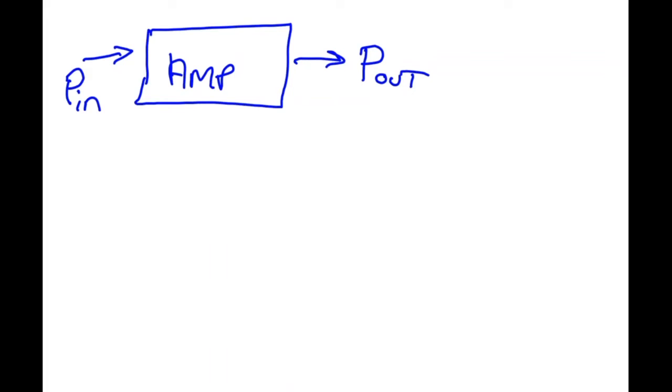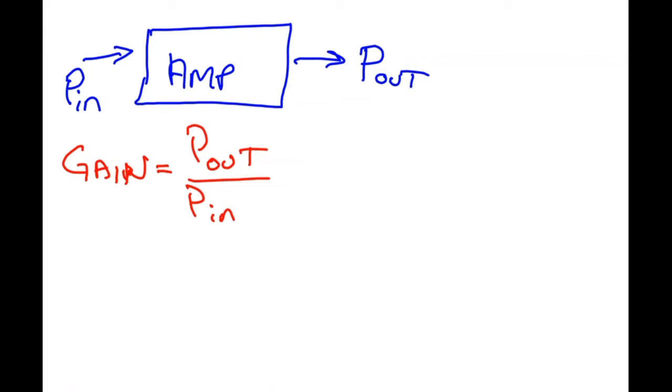So when we need to calculate gain, well, gain is power out divided by power in. Now, if we put real-world numerical values here, let's say our power in is 5 milliwatt and our power out is 500 milliwatt.